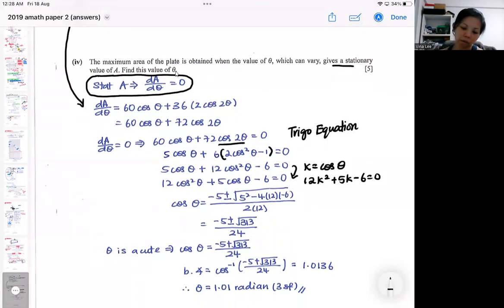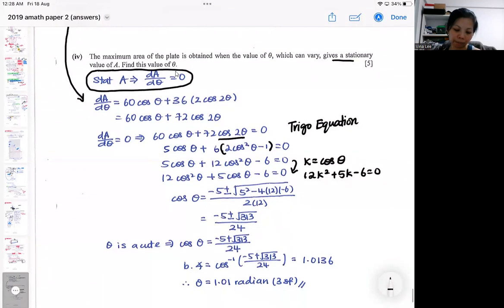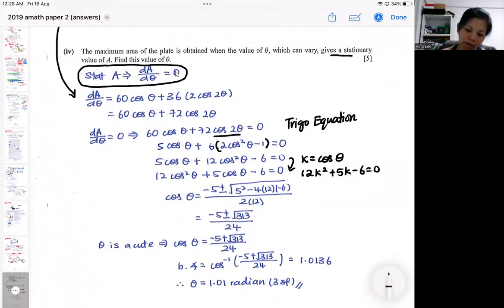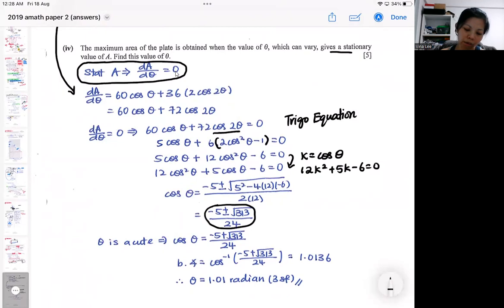Okay, so if you work out your quadratic equation, you will have gotten 2 answers. Okay, there you can work out the 2 answers. If you work out these two, the plus minus, you will get one of them as positive and you will get another one of them as negative.